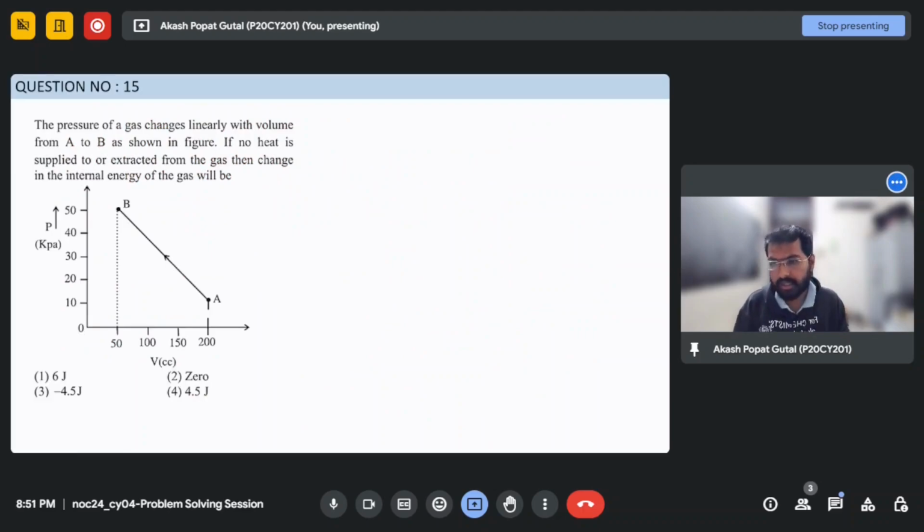So next question. The pressure of a gas changes linearly with volume from A to B as shown in the figure. If no heat is supplied to or extracted from the gas, then the change in the internal energy of the gas will be. So this is, I think, the second last question.